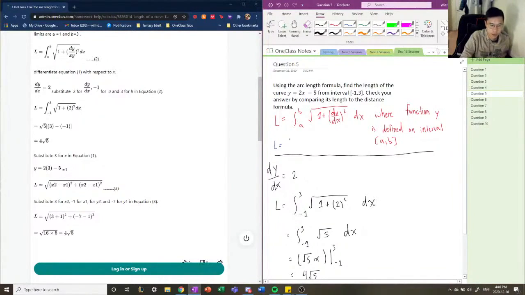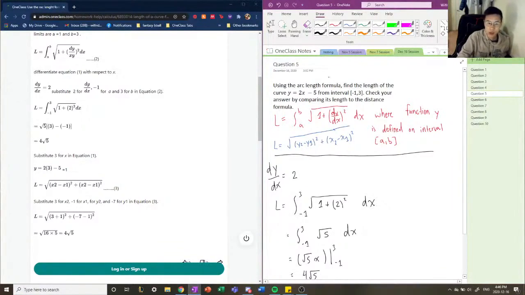The distance formula is the square root of y2 minus y1 squared plus x2 minus x1 squared. So that's the distance formula of a straight line, and this is our arc length formula.